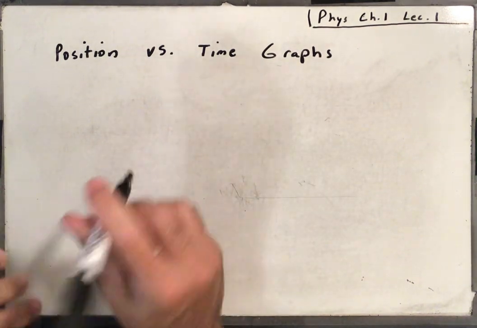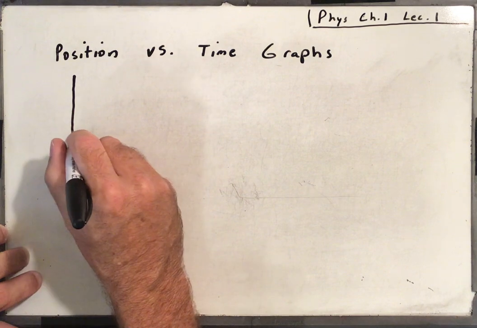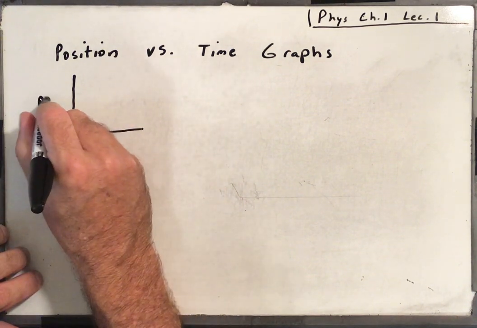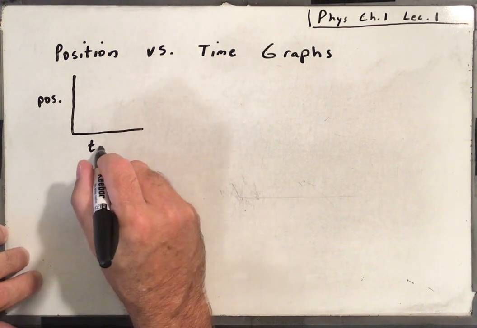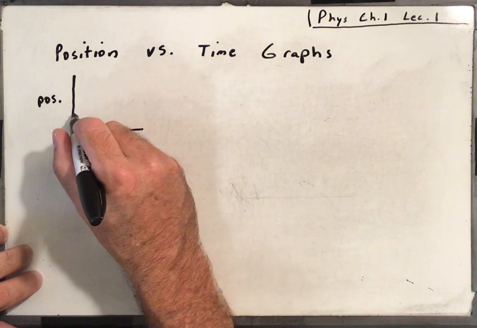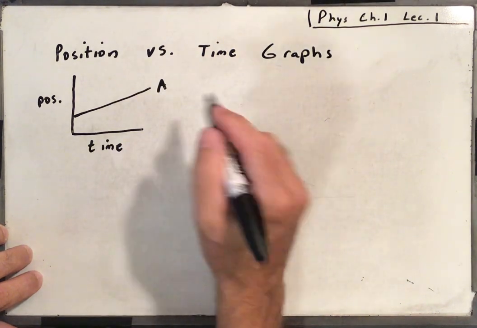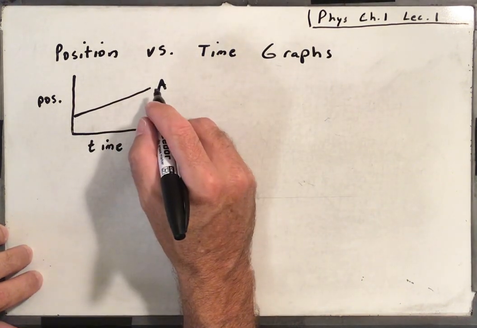Okay, so we're going to have position on the y-axis and time on the x-axis. So let's say we have object A, and that line represents position.